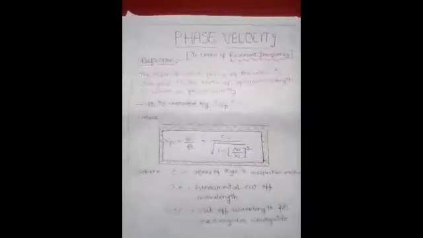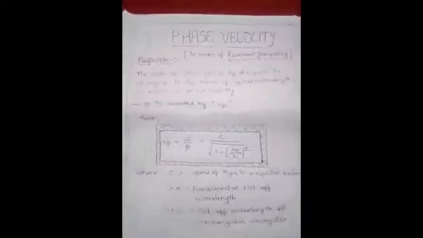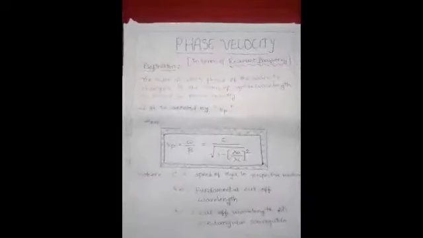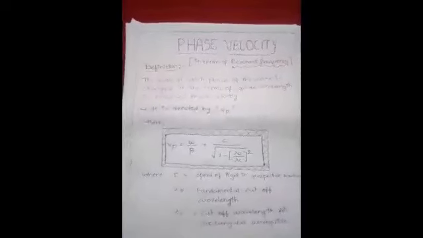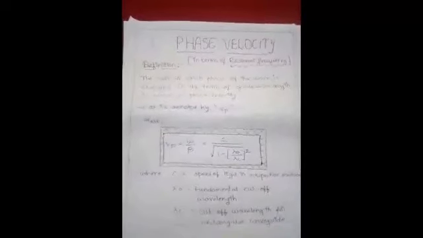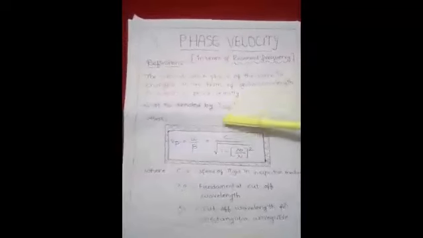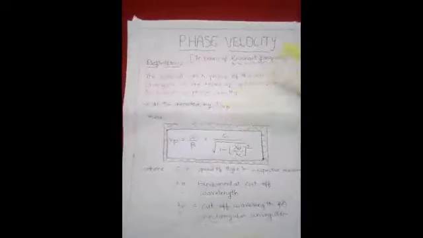As we are discussing the phase velocity concept, it is the phase which is changing in accordance with time in terms of guide wavelength. Means the derivation or anything which we write about phase velocity is written in terms of guide wavelength. It is denoted by Vp. Vp is nothing but phase velocity.